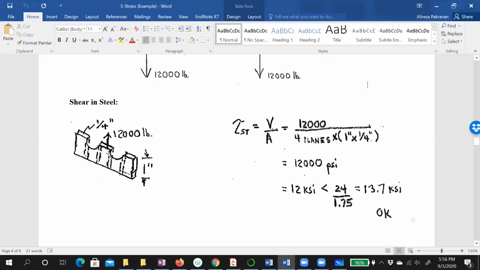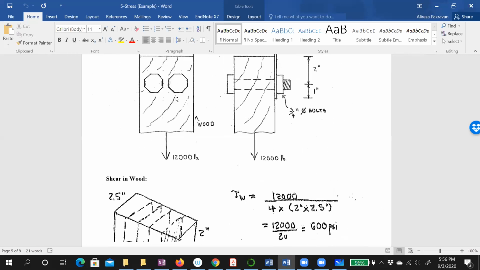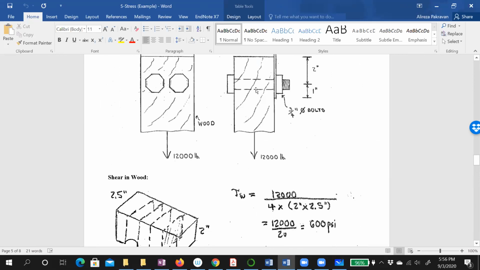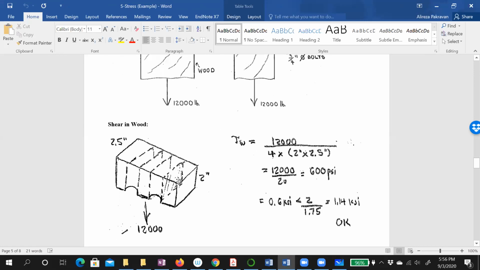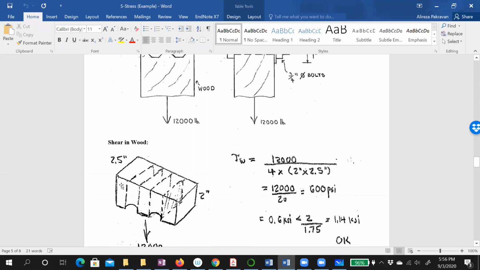So the same calculation, what about for wood? How about for wood here? The edge of the wood is here, right? 2 inches from the middle of the bolt. So we have 4 planes. One plane here, the other plane, and 2.5 times 2, 2 times 2.5. This is a 2D dimension, this is a 3D dimension, right?